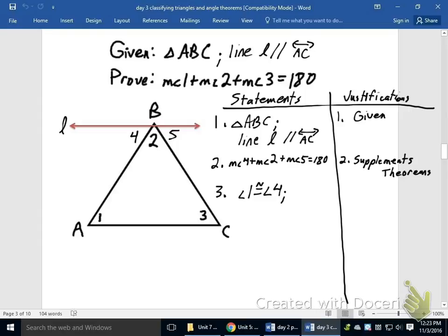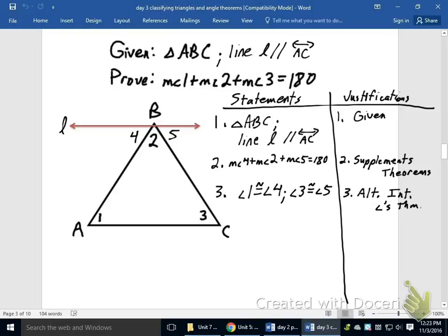While I'm at it, I can also say that angle 3 is congruent to angle 5 for the very same reason. So this is by the alternate interior angles theorem. We'll abbreviate this a little bit. Now, this is talking about the angles being congruent.